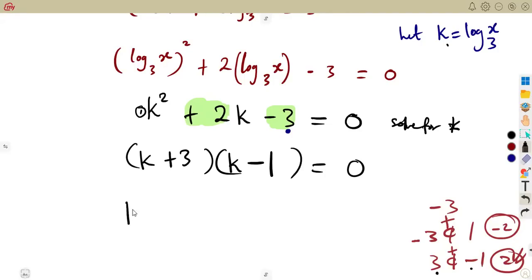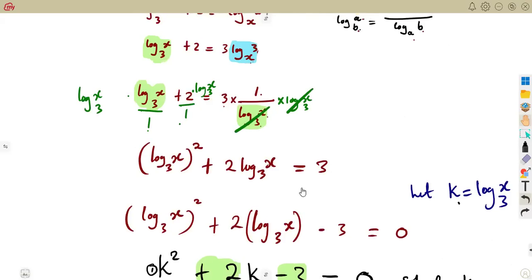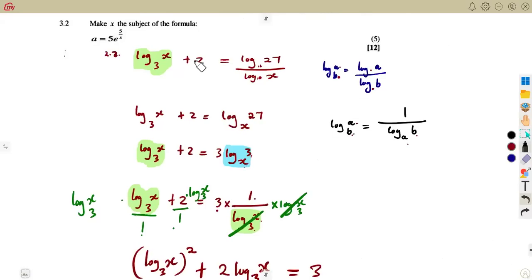So solve for k, guys. The 3 to the other side is going to give us what? A negative 3. Or our k is equal to what? The minus 1 to the other side is going to be what? A positive 1. So these are the values of k, not x. Our equation was not having k. It was having x.